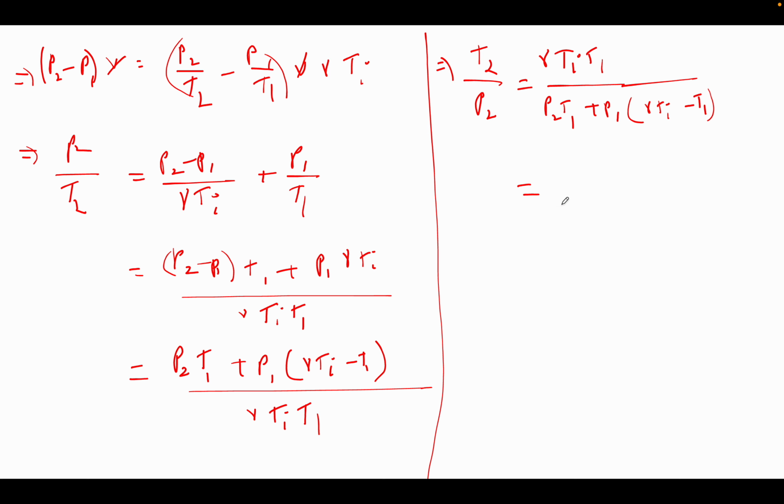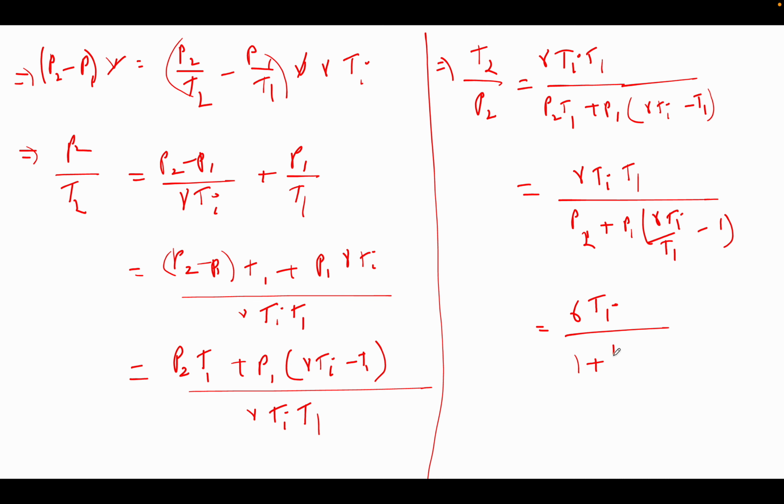Okay, so then, taking T1 common, finally T2 equals gamma T_i divided by [1 plus (P1 by P2) times (gamma T_i by T1 minus 1)].